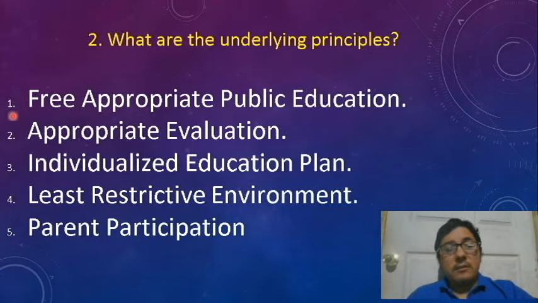The first one, free appropriate public education. The purpose of this was to help ensure every child could have access to a free, appropriate public education, something that was denied to them in the past.